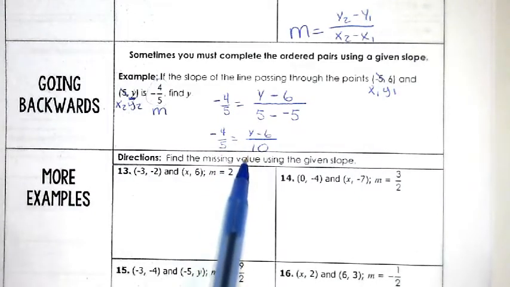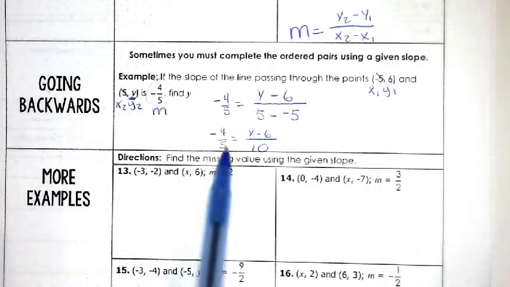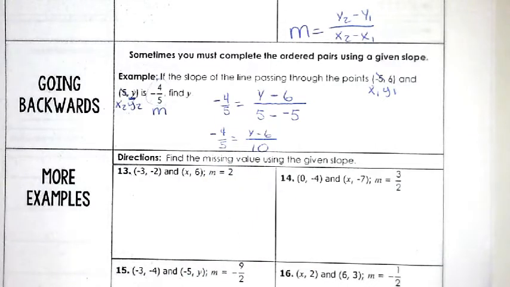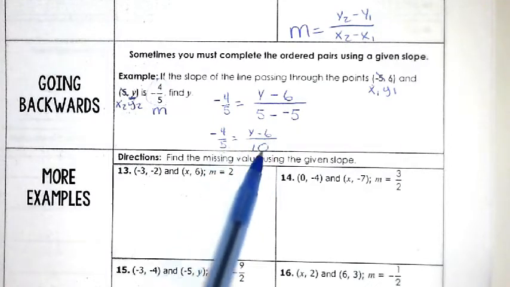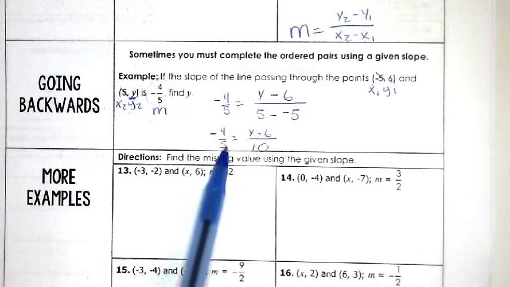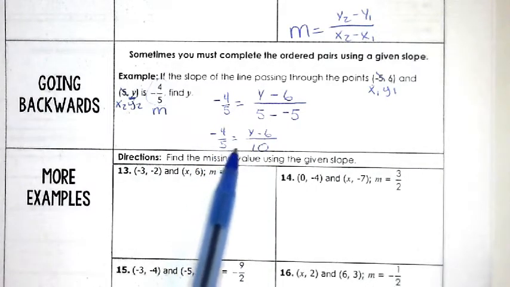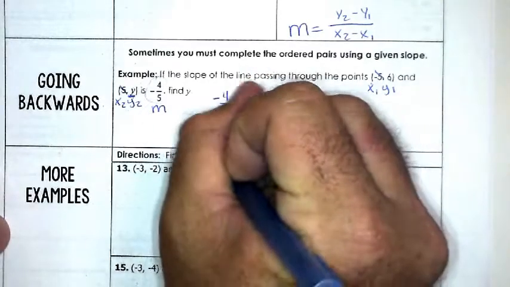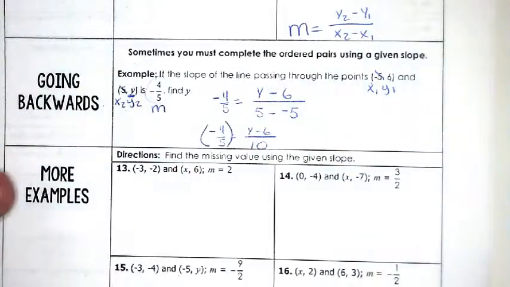Does 10 equal 5? No, but I have a fraction, so I can make it equal 10. Instead of reducing a fraction, I'm going to increase the fraction. How can I make this 5 a 10? I can multiply this fraction by 2.